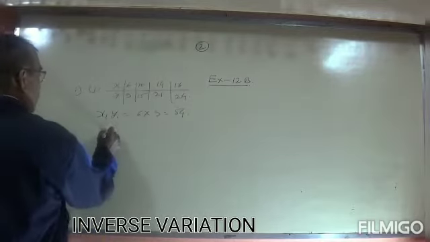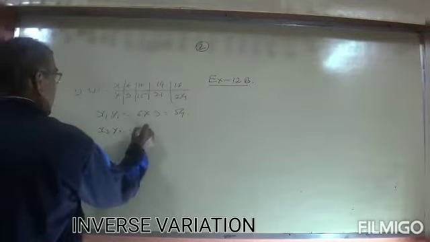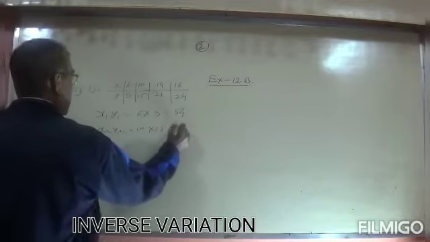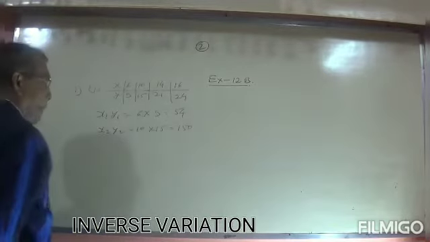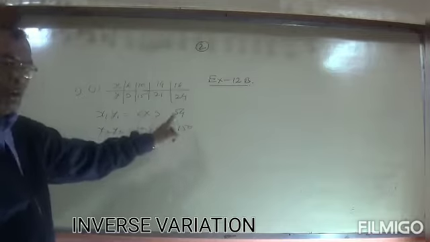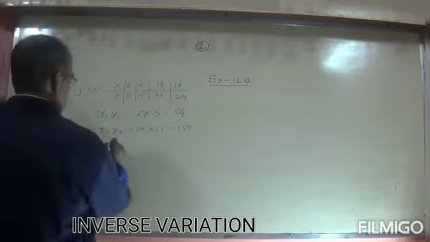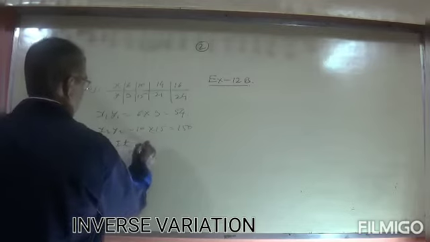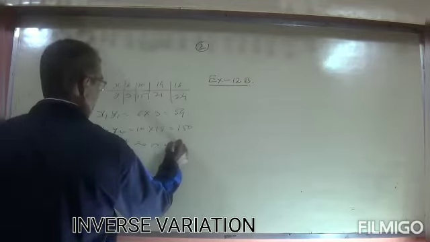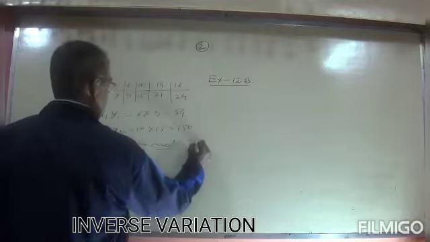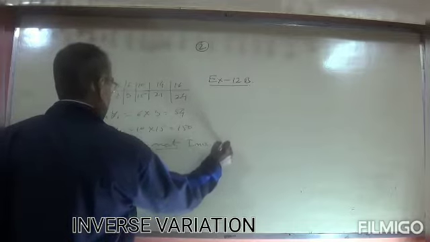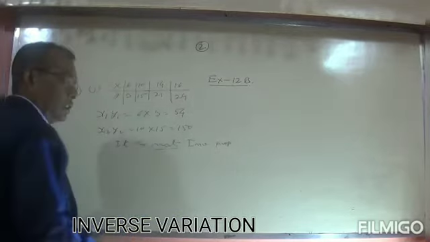Now x2 y2 is 10 into 15, which is 150. Naturally, they are not equal. No need to verify the other pairs, therefore it is not inverse proportion. Highlight this: not inverse proportion. So this is only the procedure.